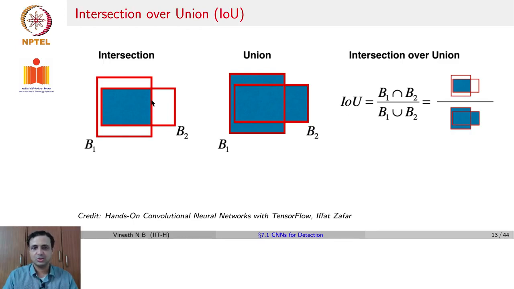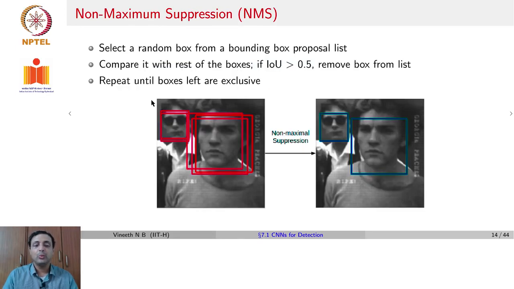How do we use this IOU? We can now use it for non-maximum suppression. So if you had a set of possible bounding boxes which contain an object, you can select a random box from them. Then you compare that box with the rest of the boxes. If IOU is greater than 0.5, you remove that box from the list.